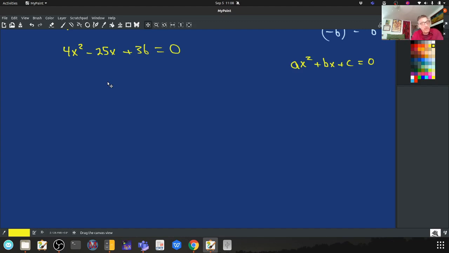However, if it could be factored, it's probably easier to factor it. It'll probably get you an easier result, because when you use the quadratic equation here, you're going to be dealing with some large numbers. So on the exam, if you decide to go the quadratic equation route, no problem from me.